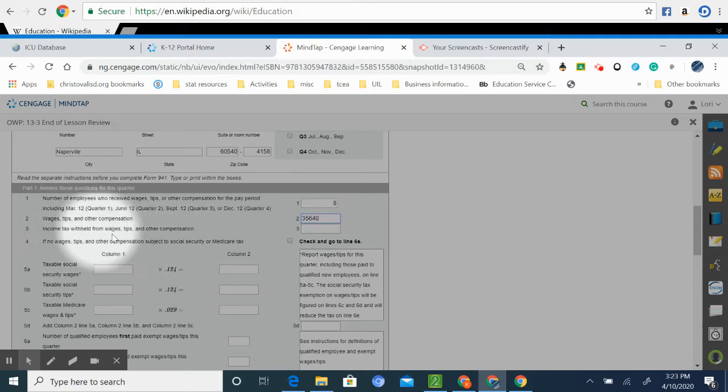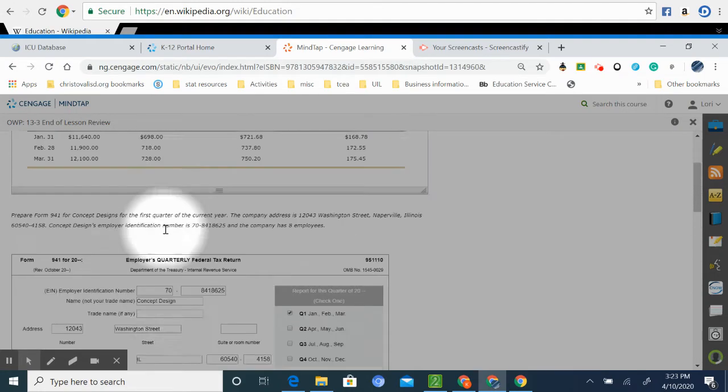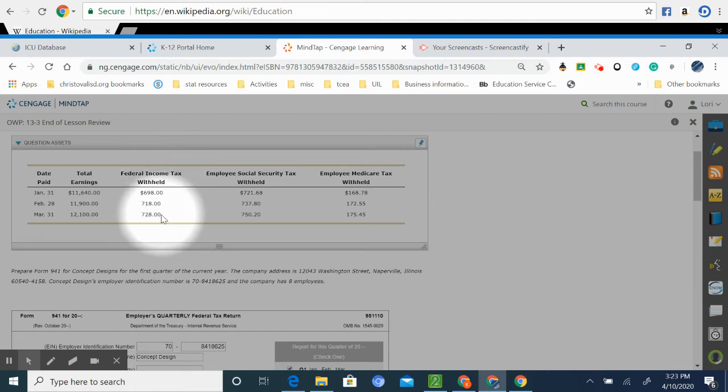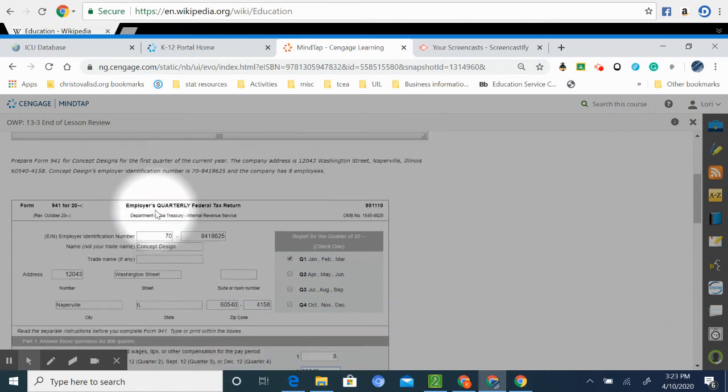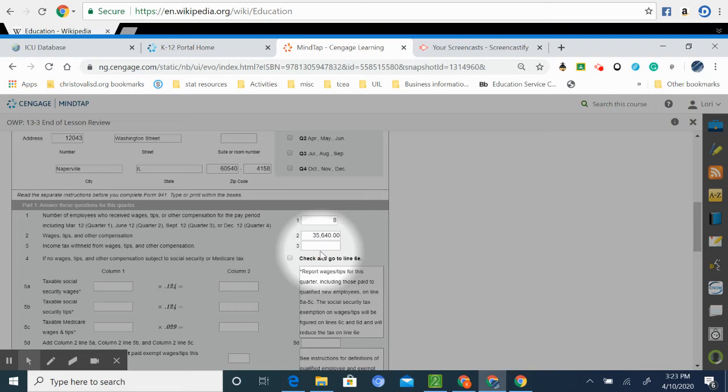Income tax withheld from wages, tips, and other compensation. Go up here, total the income tax withheld. And that's going to give you $2,144. Social Security taxes and wages. That's going to be that $35,640 unless we are told otherwise.